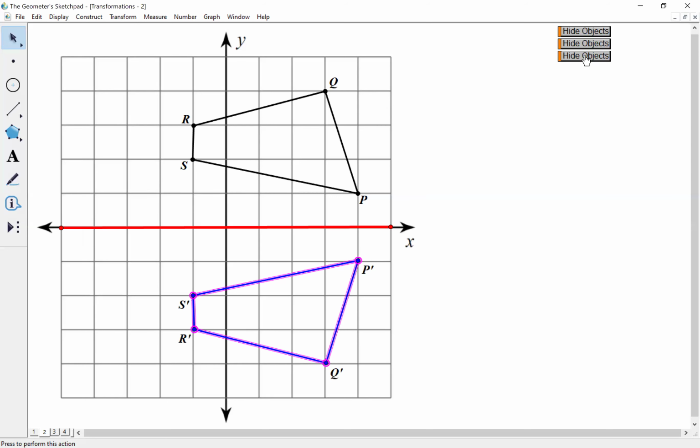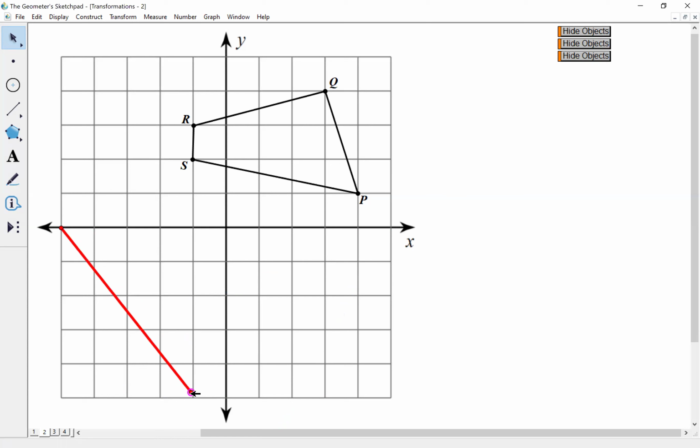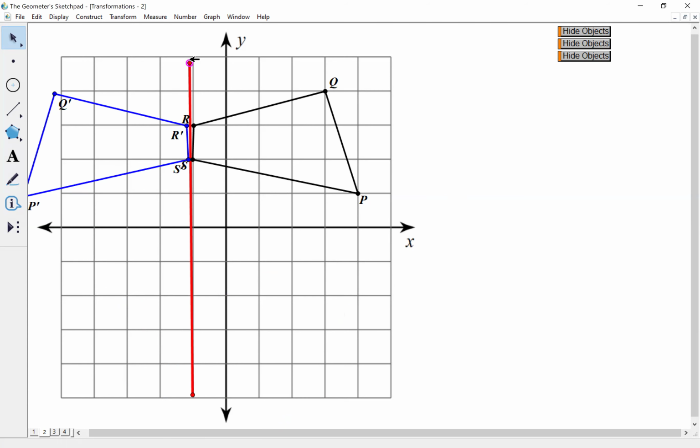Boom, it's right there. Notice how it flips. Interesting though, what if I move my line? Let's make my mirror line right there. Cool. It always reflects from one side of the mirror line to the other side.